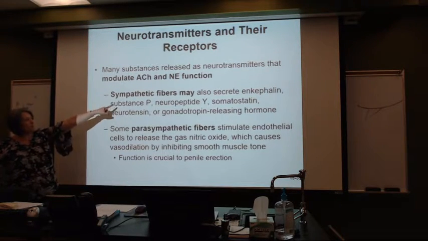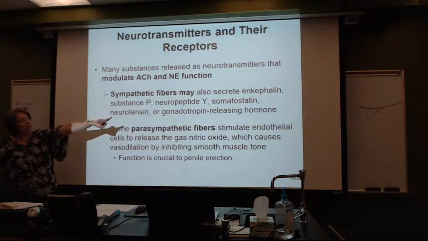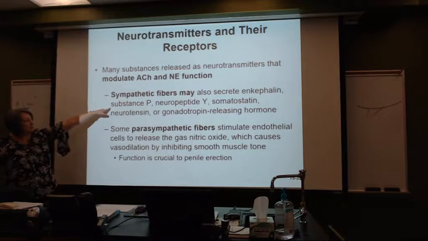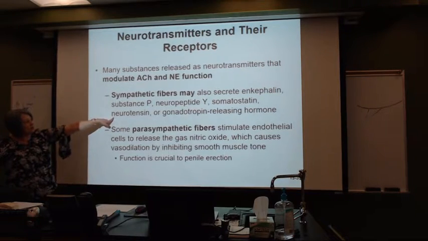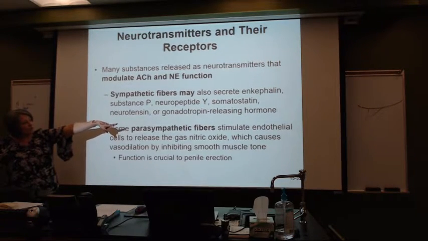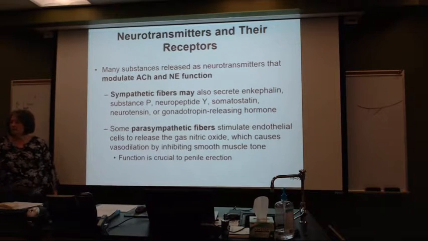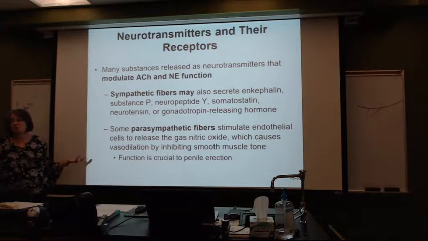For example, they're finding that our sympathetic fibers can secrete these other products like enkephalins, substance P, neuropeptide Y, somatostatin, neurotensin, gonadotropin releasing hormone. They can release these other products that would actually increase the effects of the sympathetic nervous system.